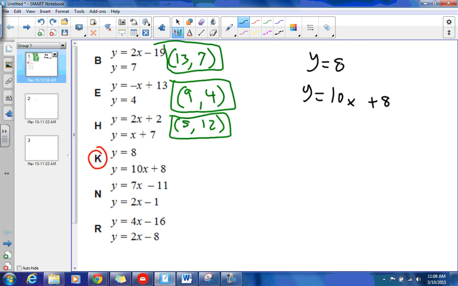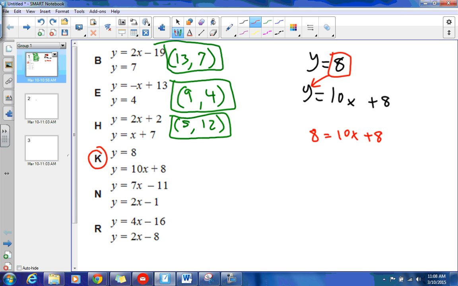So, just like before, we have y solved for in the top one. So let's take that 8 and plug it in. We're going to plug it in right here, in for the y, and your new equation would be 8 equals 10x plus 8, instead of y equals 10x plus 8.